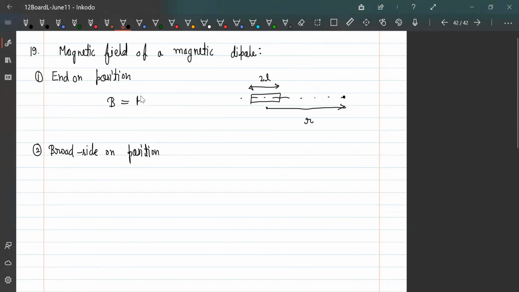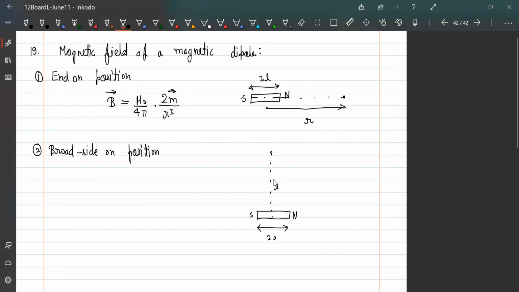I'll just write the reduced version, mu naught by 2 pi or mu naught by 4 pi into 2m upon r cube, वेक्टर फॉर्मूला लिख सकते हैं. और दूसरा पोजीशन होता है ब्रॉड साइड ऑन में that is axis along, axis के along. Strength is 2l. ये साउथ होता है, ये नॉर्थ होता है. छोटा मैग्नेट is acting like a magnetic dipole.